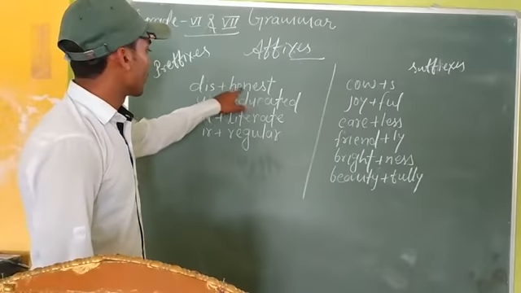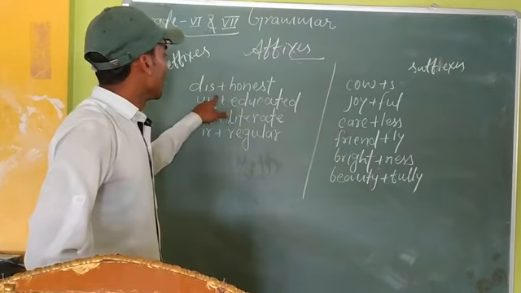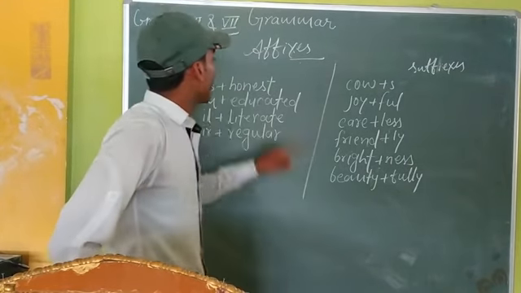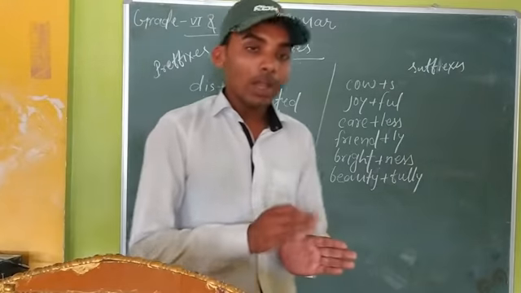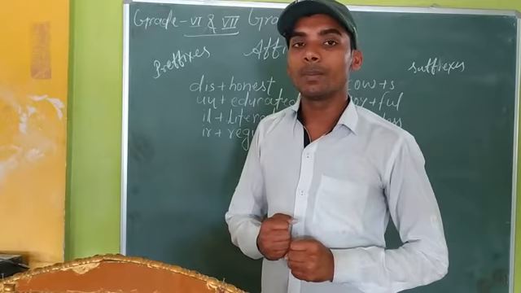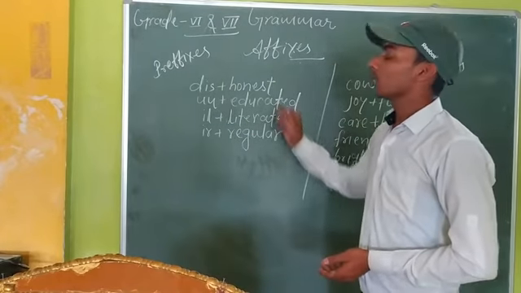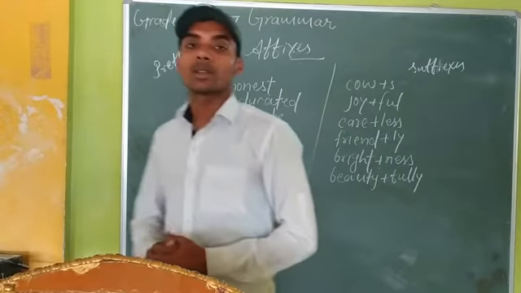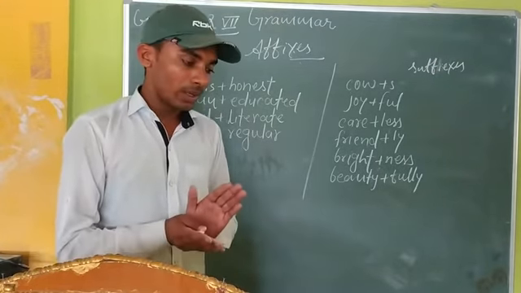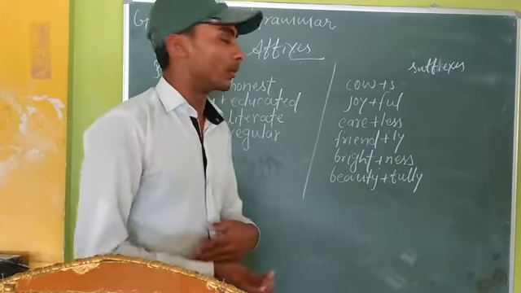The word honest, when we have dis just before the word, now it has a completely different meaning, a completely opposite meaning. Now the person's character has been changed. If the person was completely a gentle being, now the person became an unusual being, because he lost his quality and completely changed it, positive to negative.